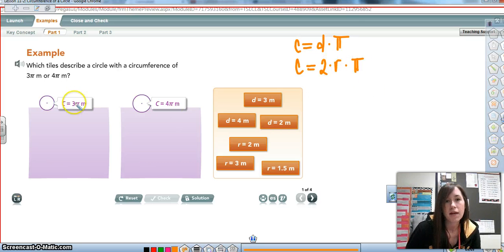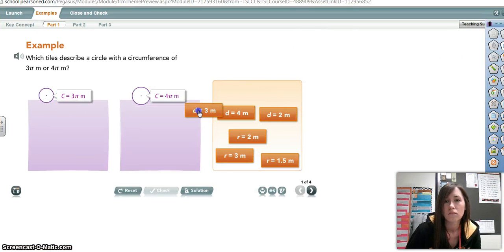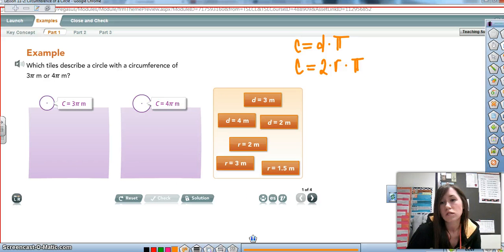So let's see, if we get 3 pi, that means the diameter could be 3. Or if we take 2 times the radius times pi, our radius could be 1.5, because 2 times 1.5 is the same as 3.